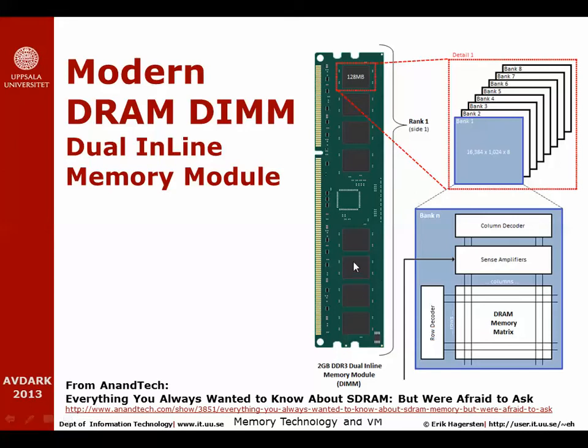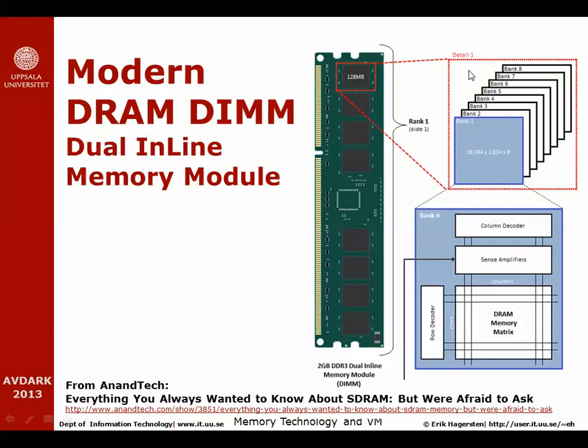In this example, the DIMM in the picture is a 2 gigabyte DIMM. So each of the 8 DRAM chips in this picture is a 128 megabyte chip. Inside that chip, you're going to have many of these meshes. In this example, you have 8 meshes inside that chip.